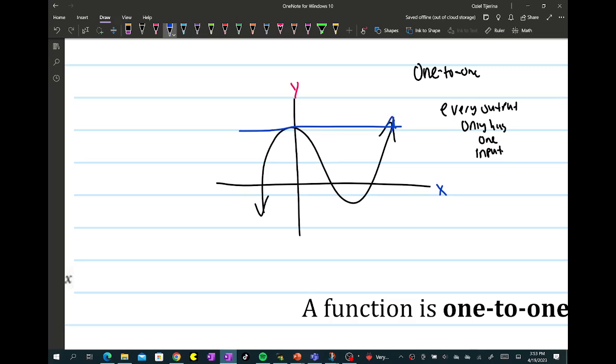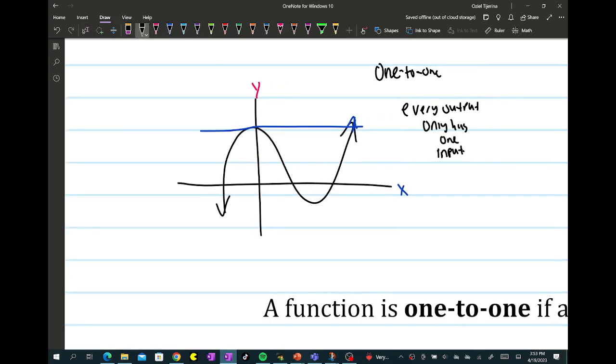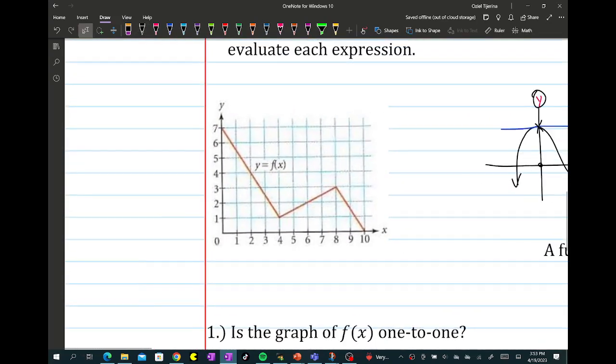This is connected to the horizontal line test: there's one part here and another part over here, so this output of y has this input as well as this input up here. So we obviously know this is not one-to-one, right?